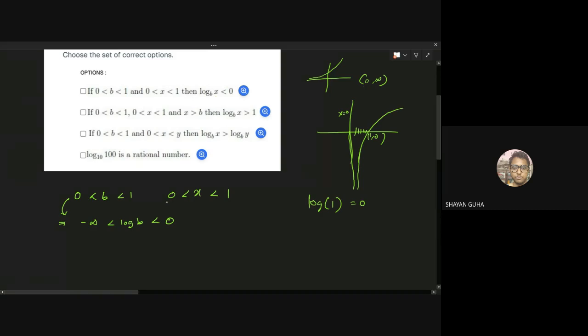Now, by the same logic, I can write minus infinity less than log x less than 0. If I can write this for b, I can write this for x also, because the relations are almost the same.